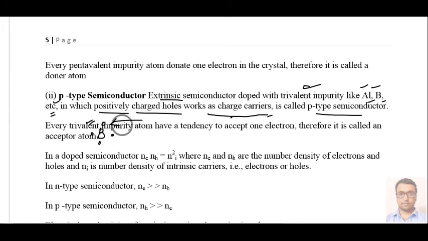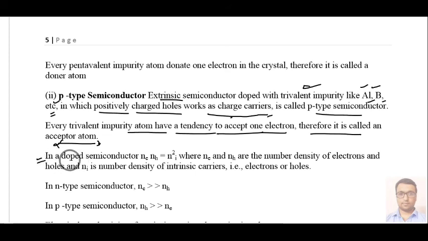To fill this deficiency, one electron is needed. So these trivalent impurities have a tendency to accept one electron, therefore they are also called acceptor atoms, because they accept electrons.